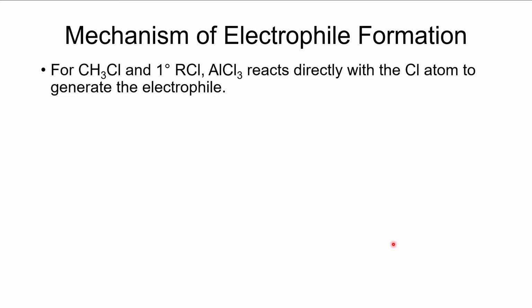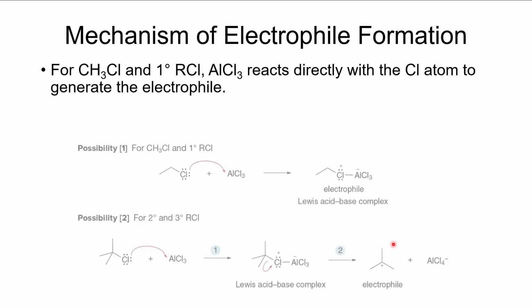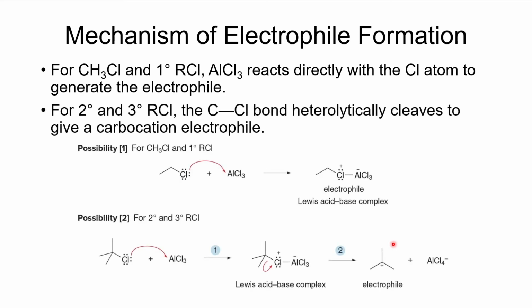So let's look at the mechanism for electrophile formation. Now, I want to point out that there are two different mechanisms. There's a mechanism that you have for methyl and primary alkyl halides, and we have a different mechanism for secondary and tertiary alkyl halides.